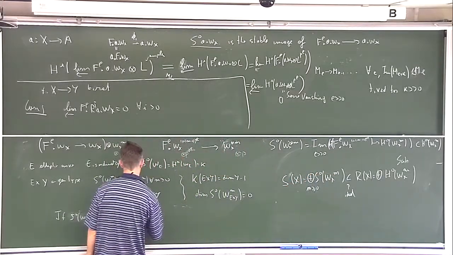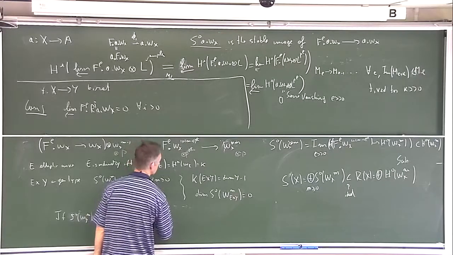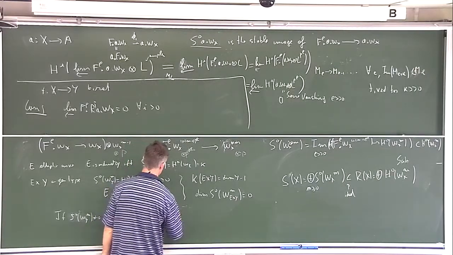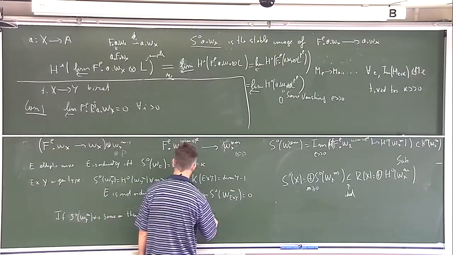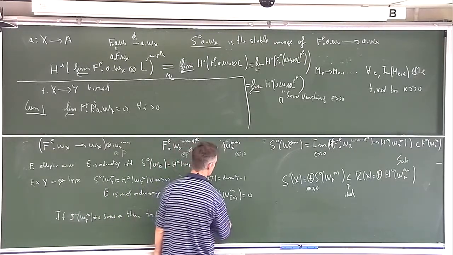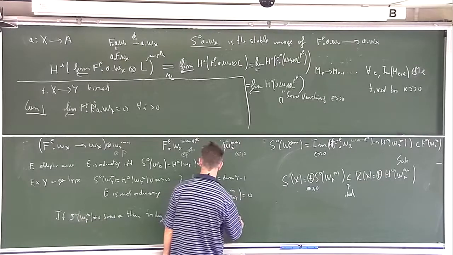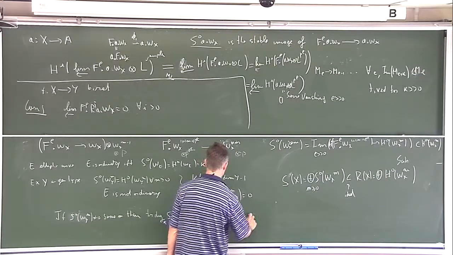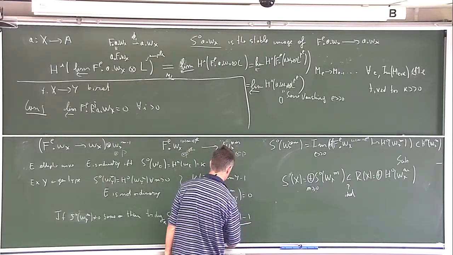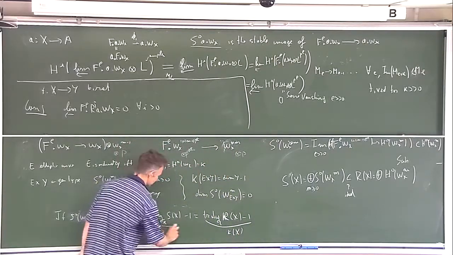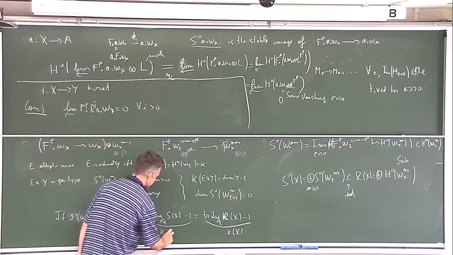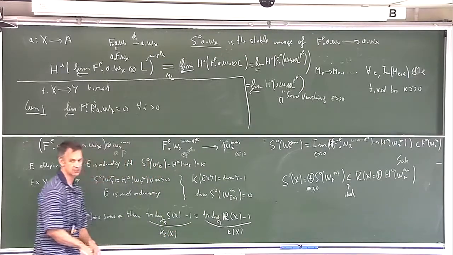So the transcendence degree of S of x over k minus 1 is the same as the transcendence degree of R of x over k minus 1. This is what we call the Kodaira dimension of x, and this is what we'll call the stable Kodaira dimension of x, the Frobenius stable Kodaira dimension of x.